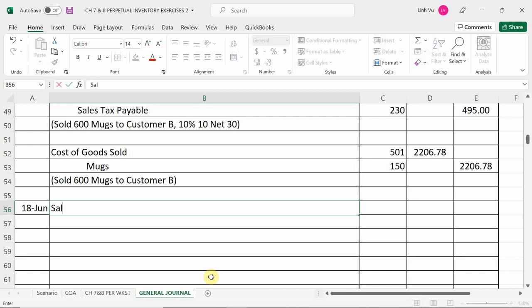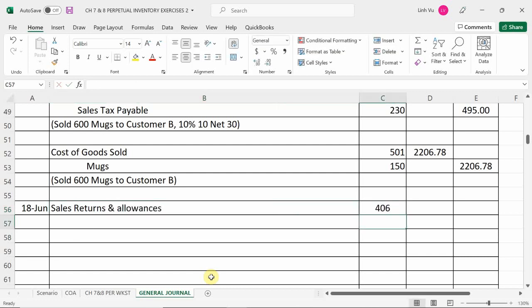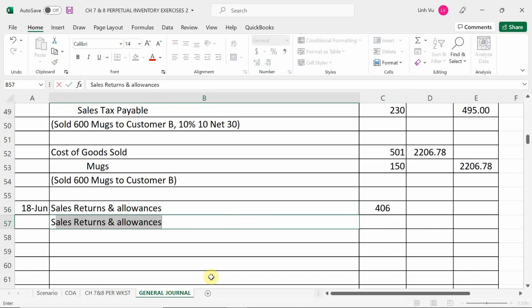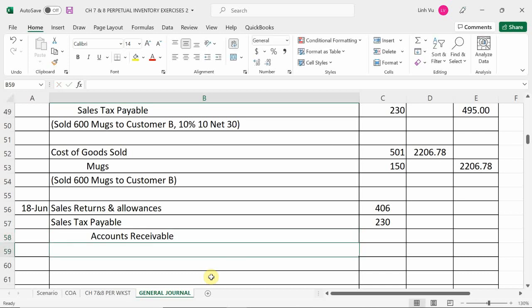So we're going to use account number 406. We're going to return the sales tax that we charged. And then last but not least, we're also going to reduce the amount that they owe me. Okay.